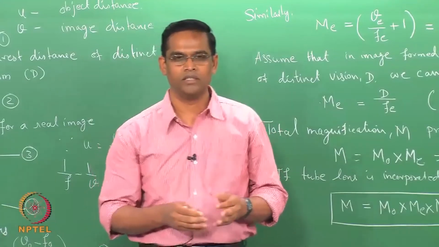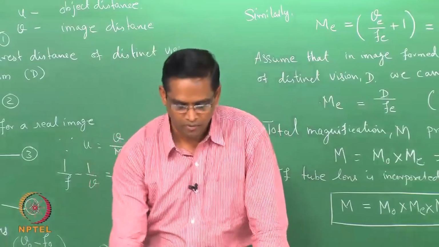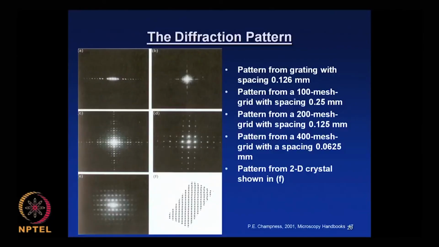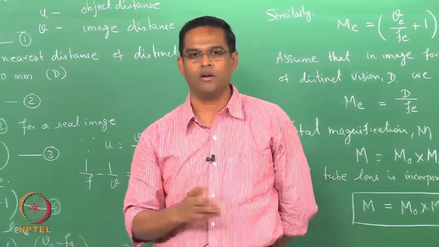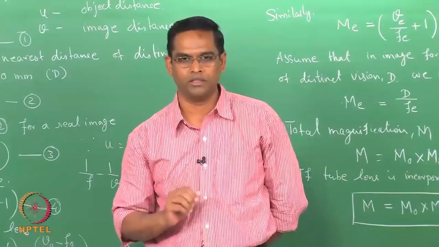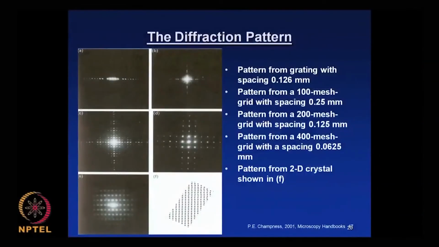The diffraction pattern is a very powerful tool, giving powerful information about the object. We will look at this in much more detail later. I just want to introduce this concept of diffraction, how it occurs, what it causes and what information you get from it. At least that much you should know as an introduction.